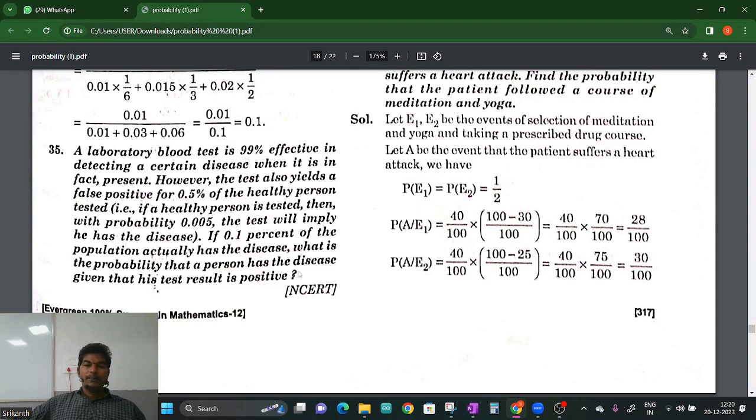So what is the probability the person has the disease, that means he is a diseased person, given that the result is positive? So result is positive means what? For which purpose are we testing? Positive or negative? Positive means he has the disease. Negative means he is not having that disease. That is the test result, right? So a positive result means he has the disease and he is a diseased person.